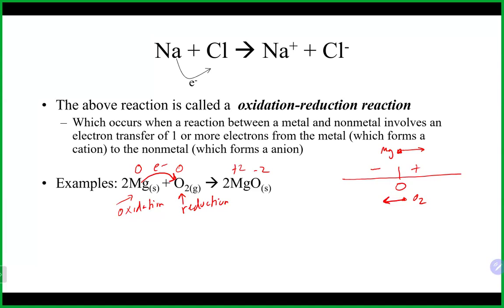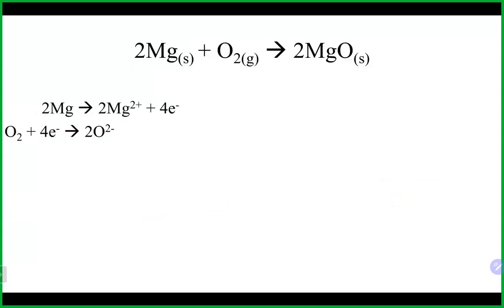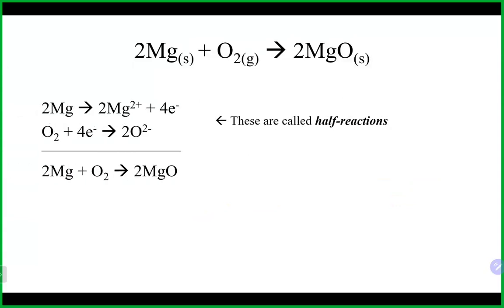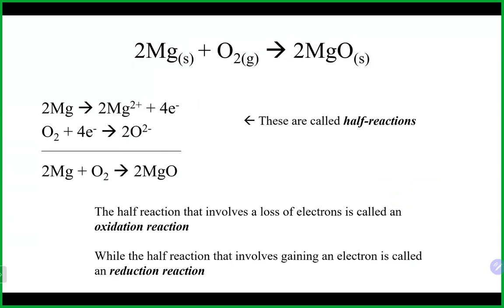So again, these redox reactions are a big classification, as we'll see very shortly here. There are more specific ways you could classify these reactions depending on what's going on. Sometimes we'll see the reactions written as half reactions, and they are half reactions indicating what is losing electrons and what is gaining electrons. So as we saw here, our magnesium went from 0 to +2.